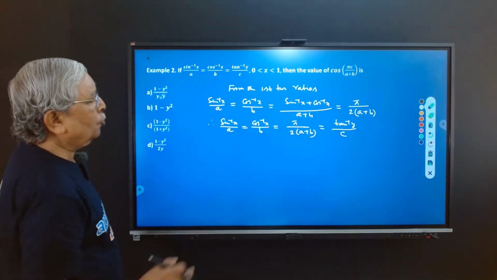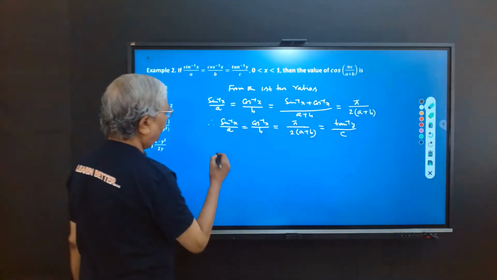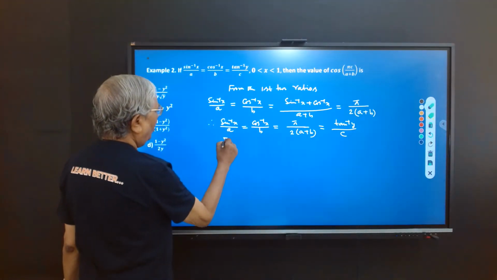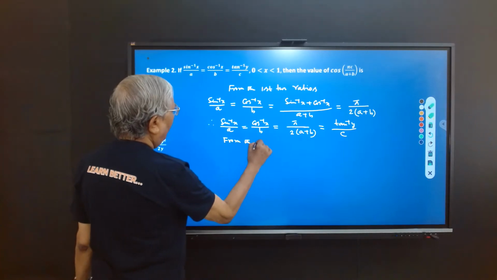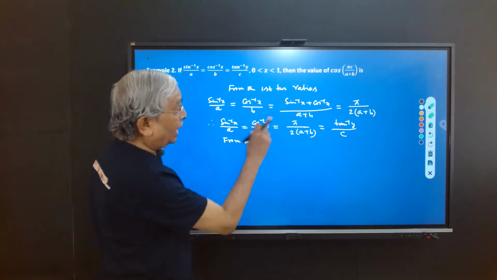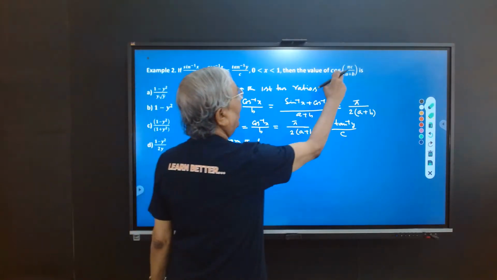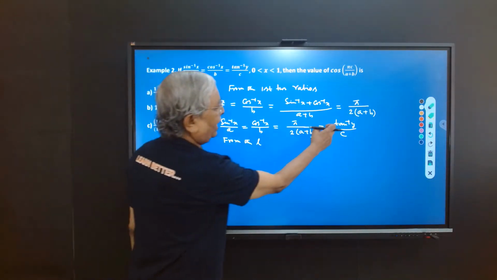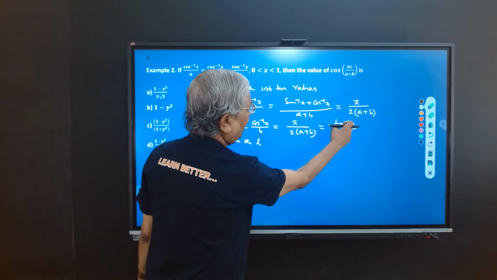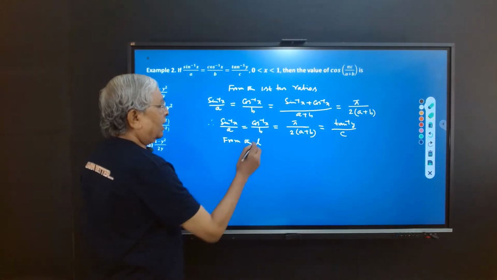Now take the last two ratios. Why the last two ratios? Because we want cos of pi C by A plus B in terms of y, and here you have y, so this term is tan inverse y by C. Let us take the third and fourth ratio.